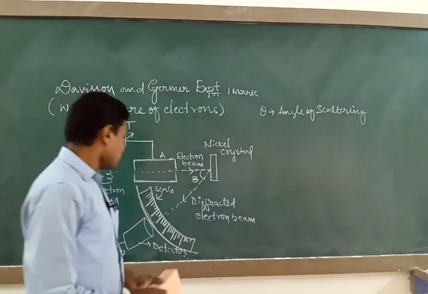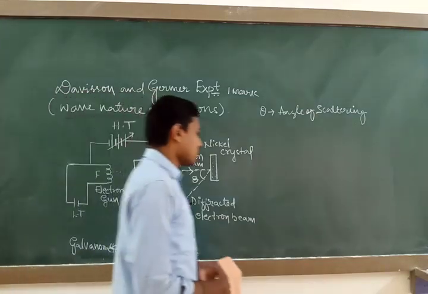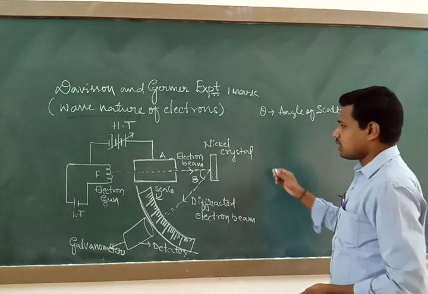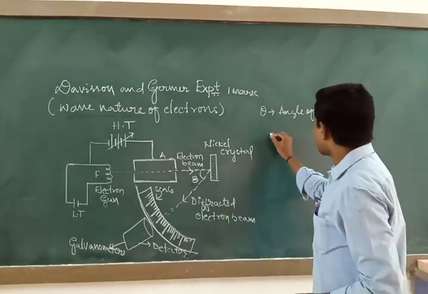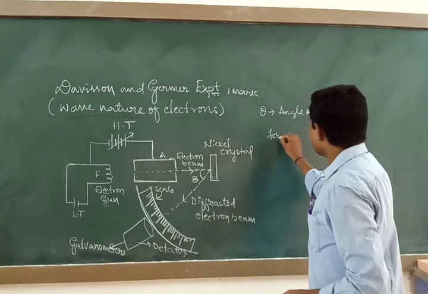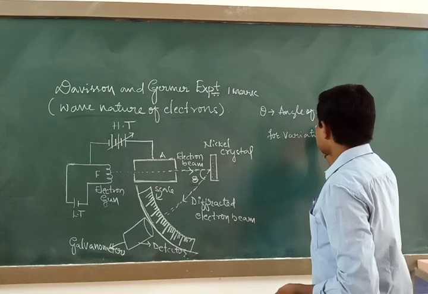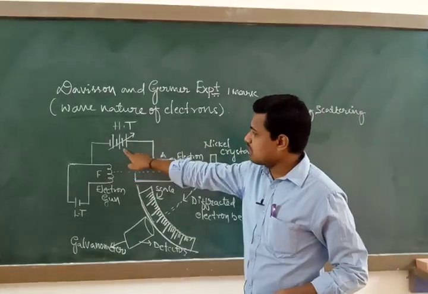And remember, they repeated this experiment, recording for various values of V. It means they varied the high tension power supply voltage.